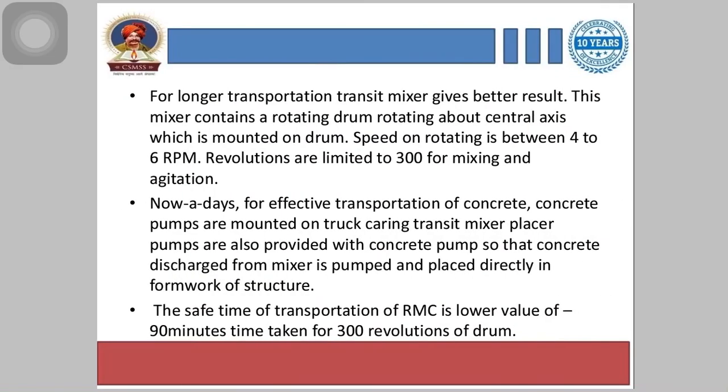For longer transportation, this gives us better results, and it consists of a rotating drum about a central axis, with blades mounted in the drum. The speed of rotation is between 4 to 6 rpm. Revolutions are limited to 300 for mixing and agitation.